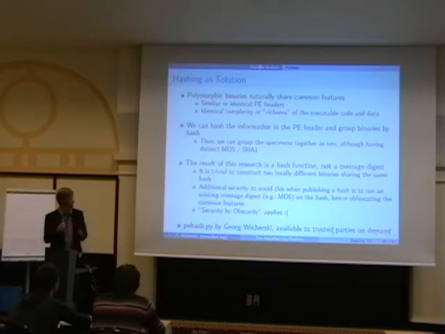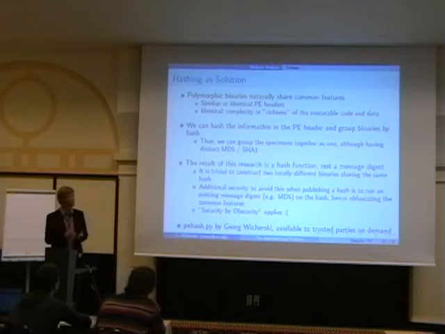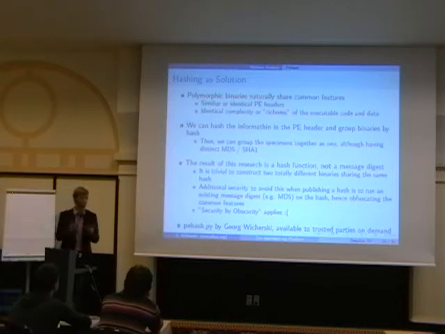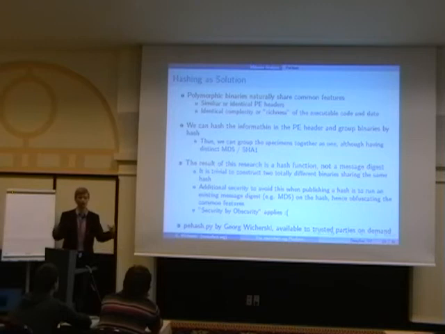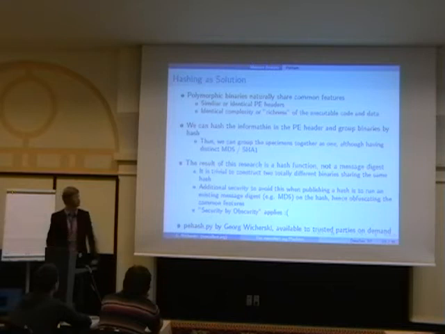It's important to note that the result of this research is a hash function and not a message digest. So it's very trivial for an attacker to construct two binaries with entirely different content which share the same hash value, because it's a hash function and not a message digest. This is a cryptographic difference. So first, security by obscurity applies. If we tell attackers how our hash function works, they can just construct collisions and therefore circumvent our research.